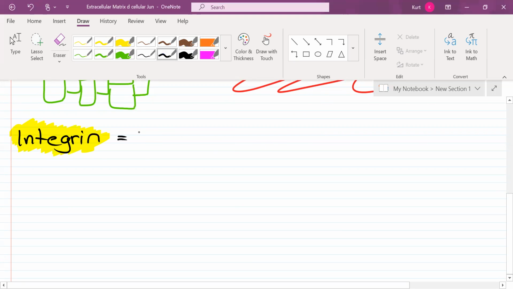Integrins are transmembrane proteins, and just by hearing that term, you've had this earlier. What does it mean to be a transmembrane protein? They go through the plasma membrane from one side to the other.